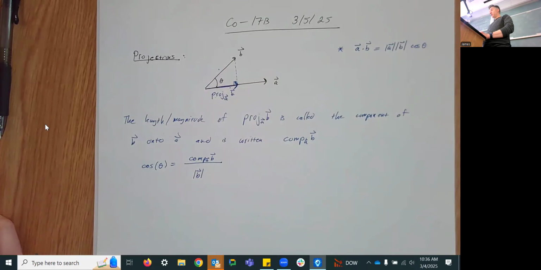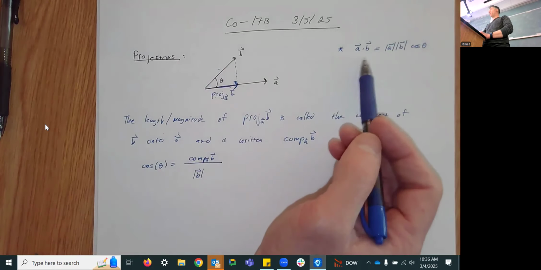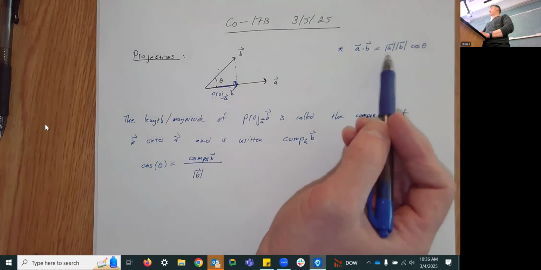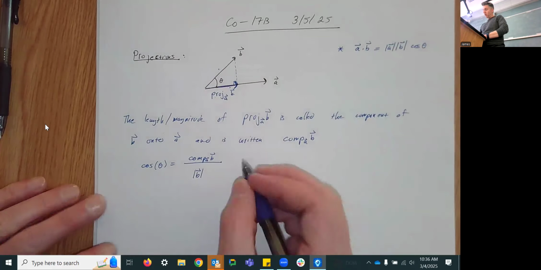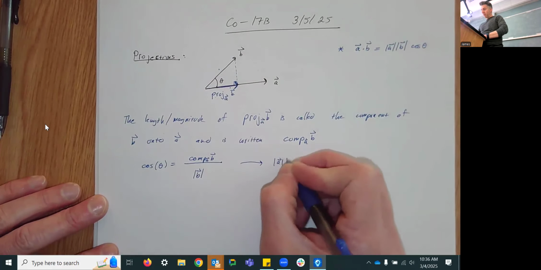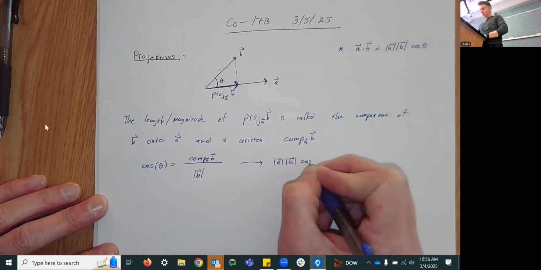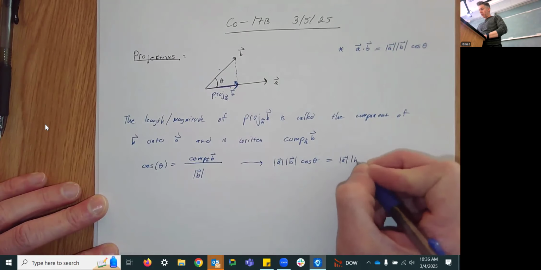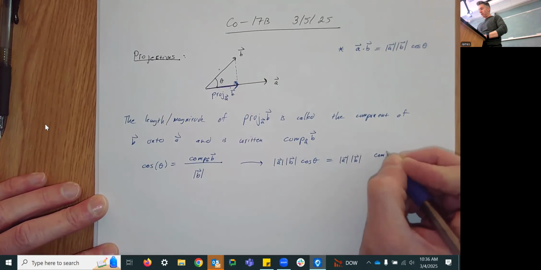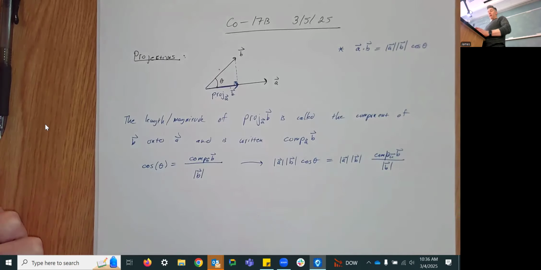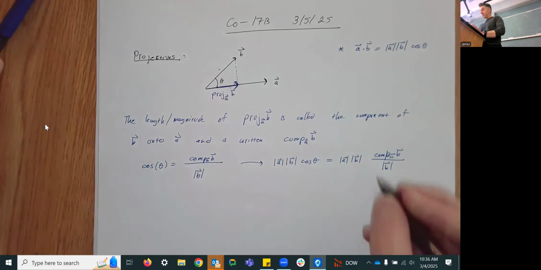So to make this magical thing show up, we multiply both sides of this equation by the magnitude of A times the magnitude of B. On the left-hand side, we have the magnitude of A times the magnitude of B times cosine of theta, equal to the magnitude of A times the magnitude of B times the component of B onto A divided by the magnitude of B. The magnitudes of B on the right-hand side cancel.